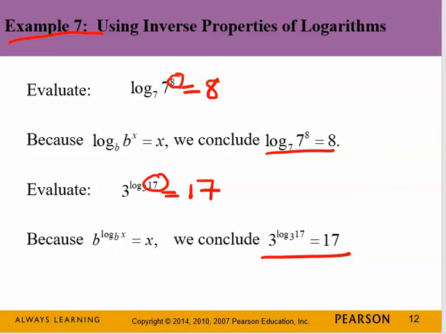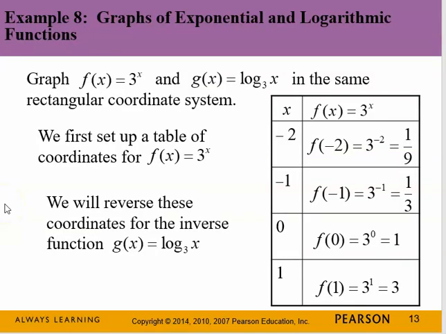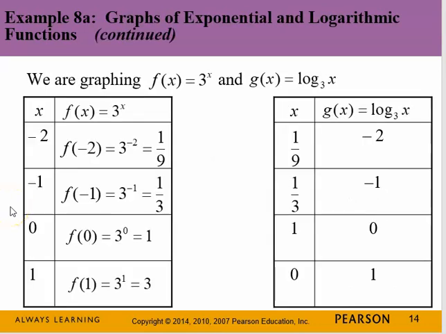So hopefully something easy. Now, we're going to go into some background. We're calling this example 8. I'm going to show you these two slides, and I'm going to give what I think will be an easier explanation of all of this.